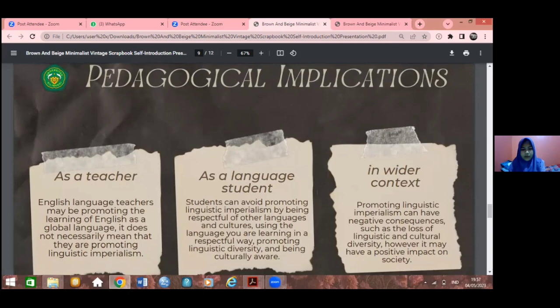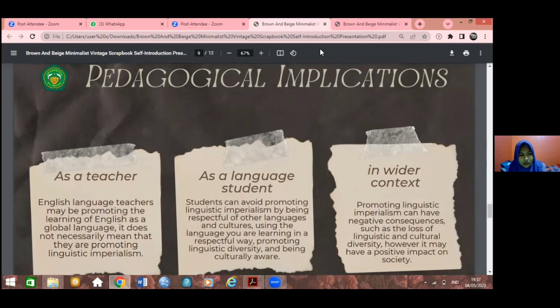All right, thank you to the moderator for giving me the time. After we analyze the examples, now we're going to see the pedagogical implications, in this case as a teacher, as a language student, and in a wider context. Okay, the first is, are English language teachers promoters of linguistic imperialism?